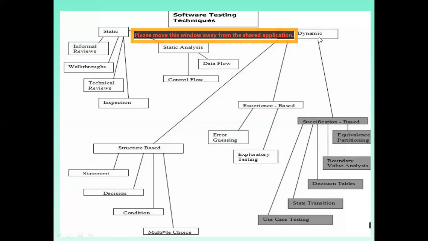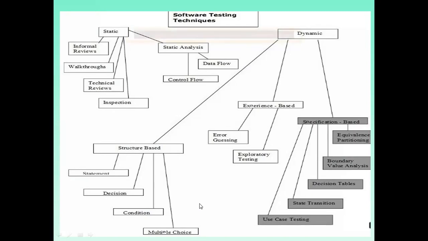Here again the dynamic is divided into structure based, that is statement, decision, condition, and multiple choice. First is the statement, how many statements you are involving during the implementation; decision, how many decision boxes you are using in the program; condition, the total number of conditions involved while writing the program; and multiple choices.